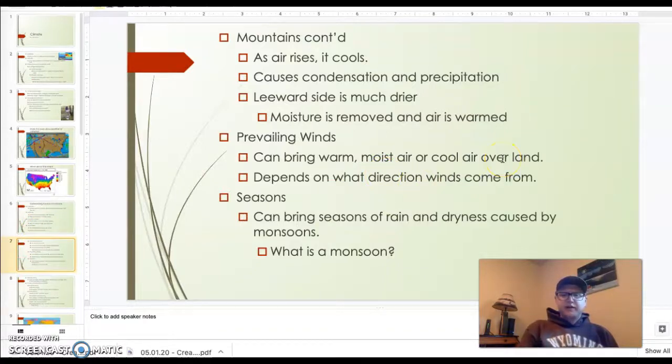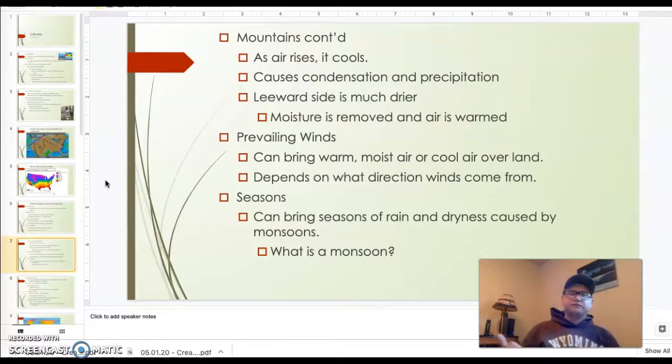You can see prevailing winds depending on where you are on Earth. If you're in the westerlies, like where we are in Minnesota, depending on where you are with those winds, it can bring different types of air, right? If you're off the coast of Washington, it's going to bring moist air from the west, and it gets pushed over the mountains, causing lots of precipitation.